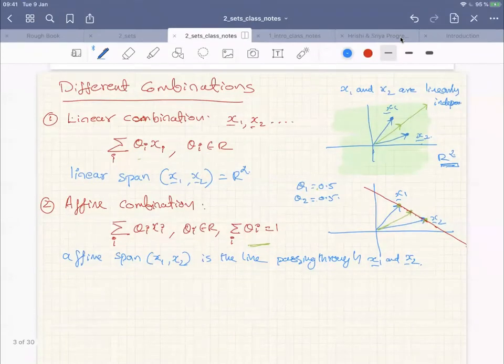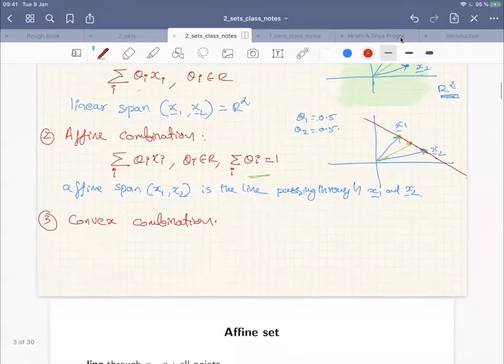Now the third one, convex combination. So what is a convex combination?